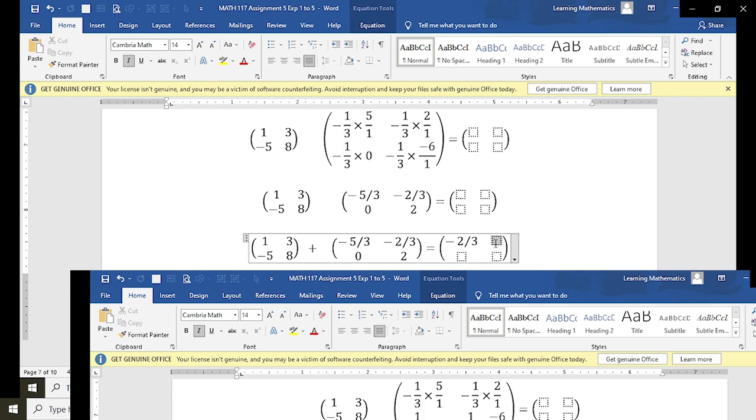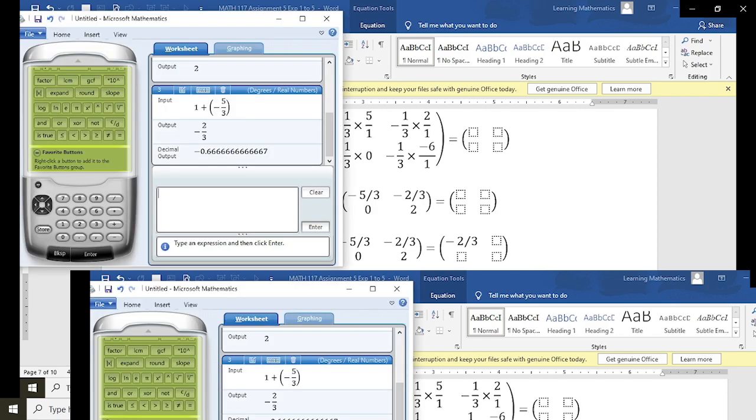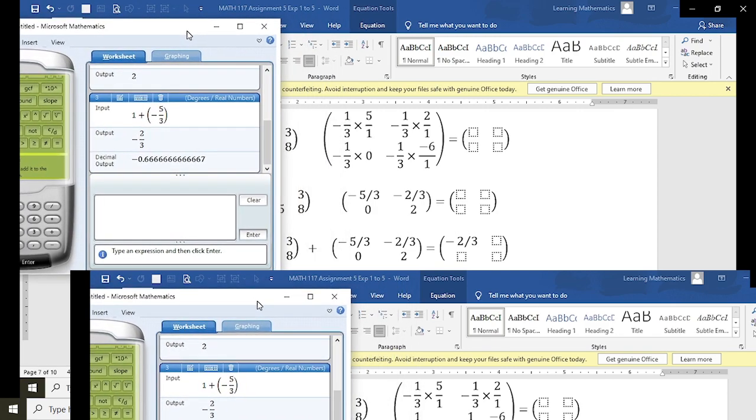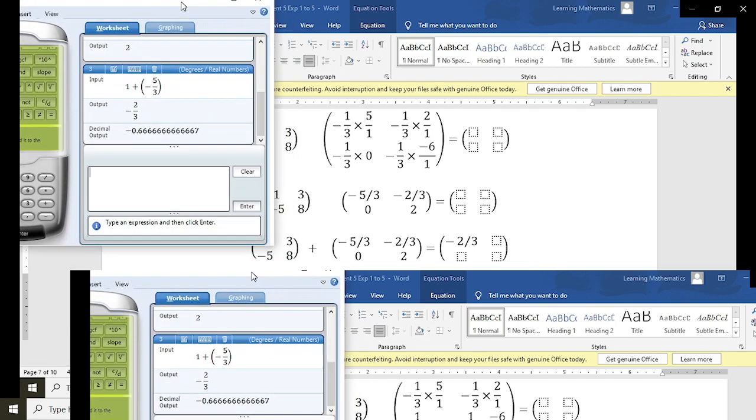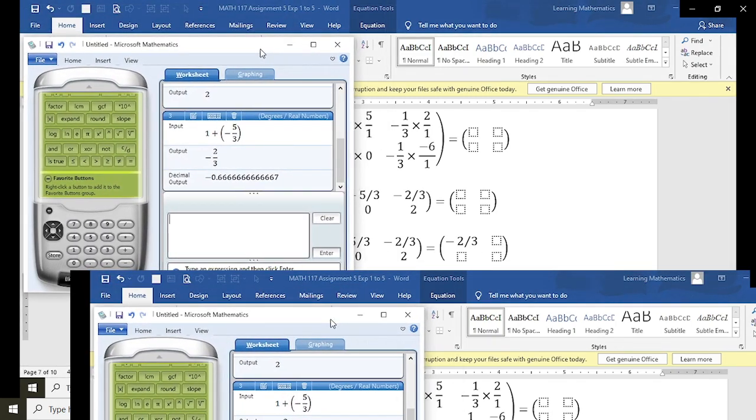You can also say 3 over 1 plus negative 2 over 3. 3 over 1, yes, if you want to deal with the fraction, because that's a 3. And you have a plus, so we say plus negative 2 over 3. But with the calculator, you don't have to put the over 1.